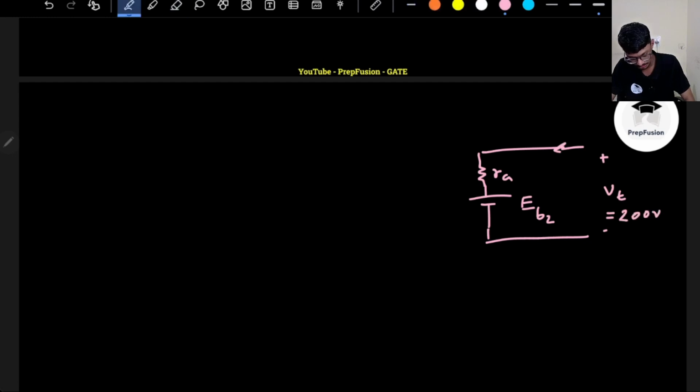And the current here is Ia2. Will I be able to find out the EB now? Yes, very easy to find out the EB. EB2 will be equal to VT minus Ia2 Ra. So VT is 200 minus Ia into Ra.